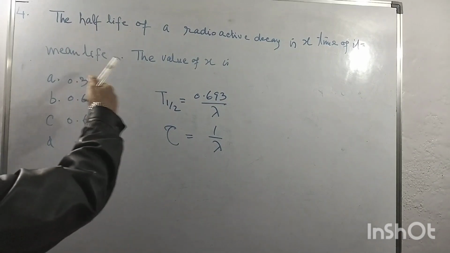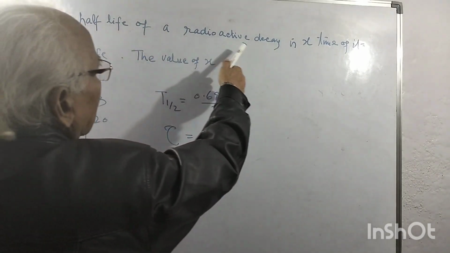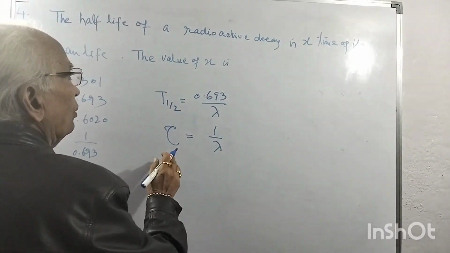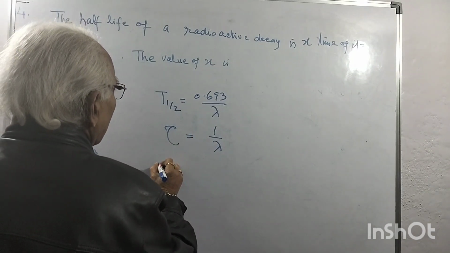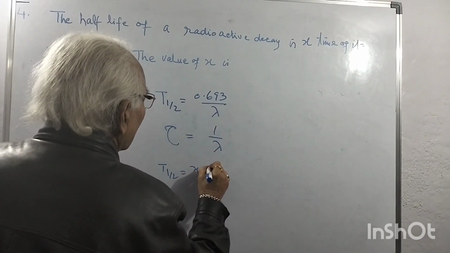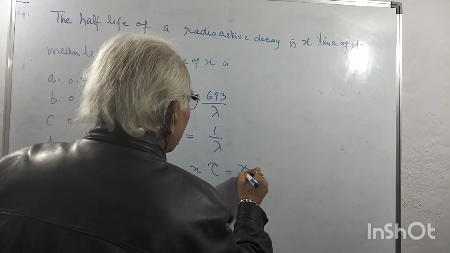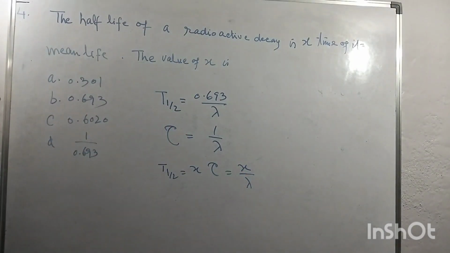So the half-life of a radioactive decay is x times of mean life. So T half is x times tau. That means it is x times 1 by lambda. So what is x?